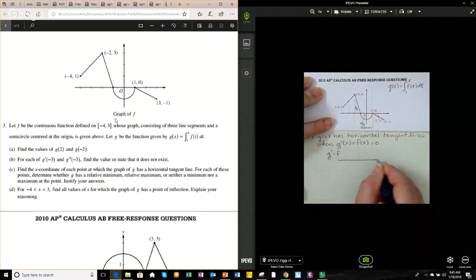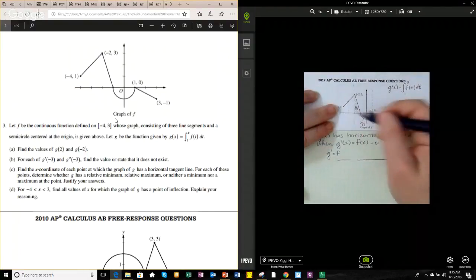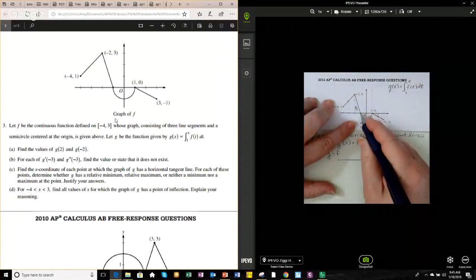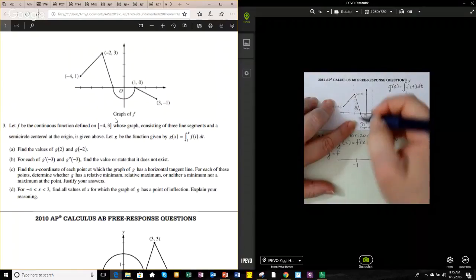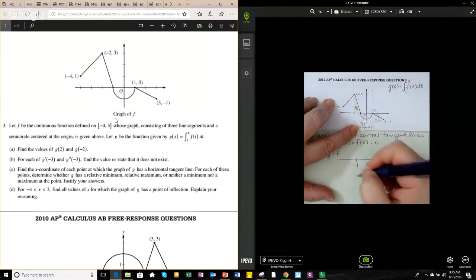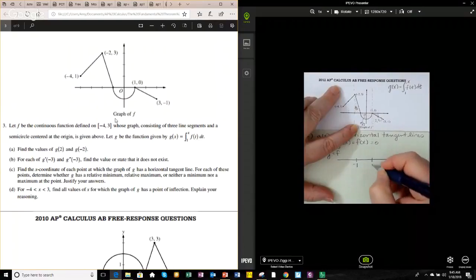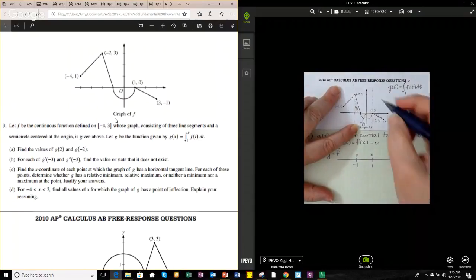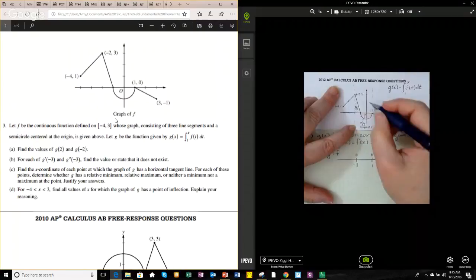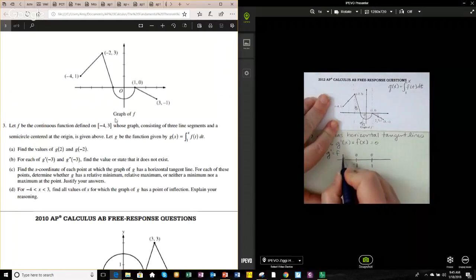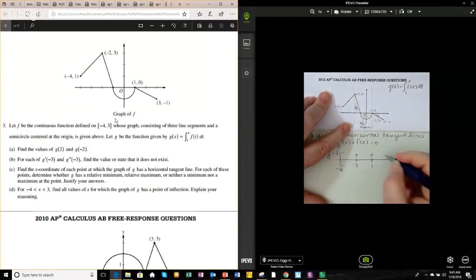So here it is. Here's our sign chart. And I'm just looking at this. Now, when is f equal to 0? f is equal to 0 at, looks like, negative 1, because I get lost in this pretty graph here. So I like to do a sign chart independent. And then this is 1 here, and these are zeros. And then what is the sign of f in between? Well, it's negative. And I've got an endpoint here of negative 4 and an endpoint here of 3.